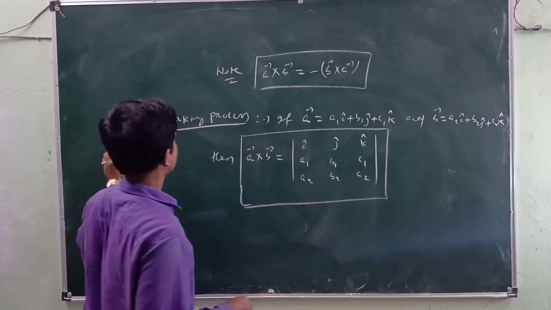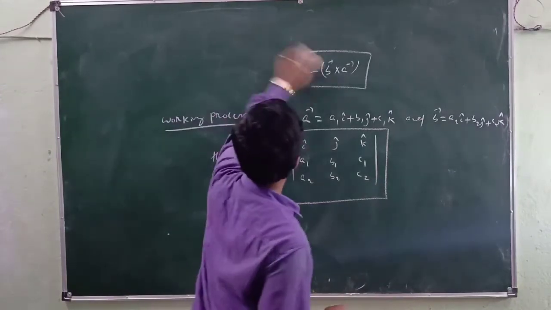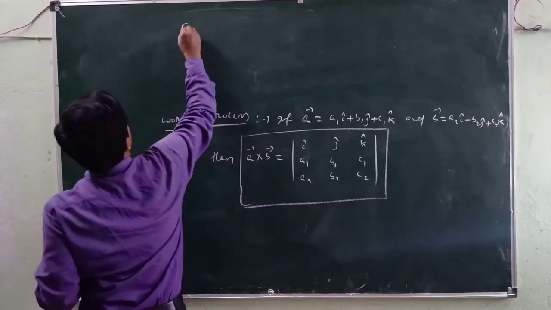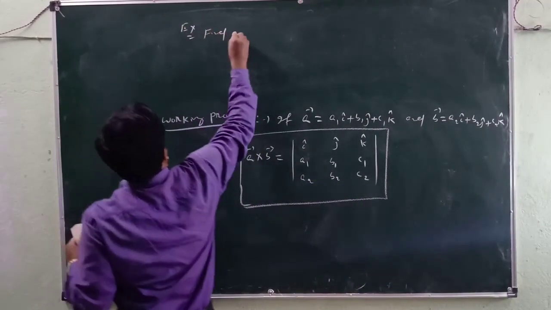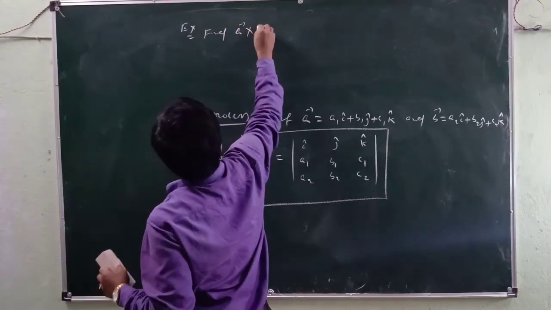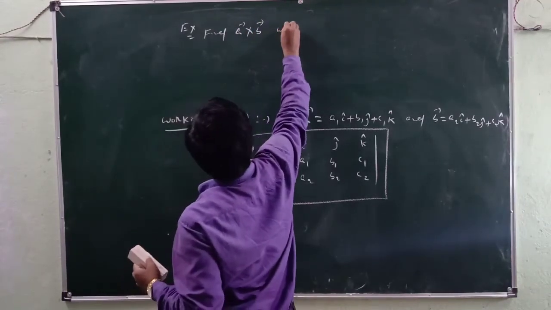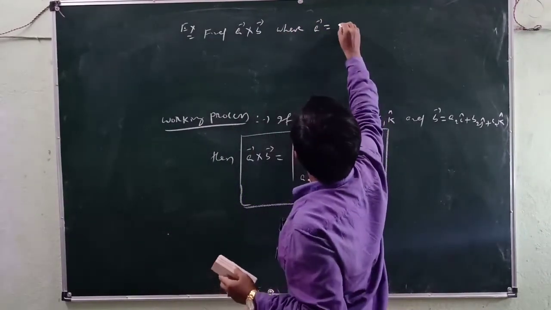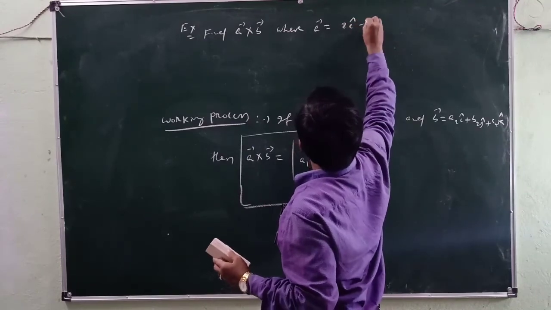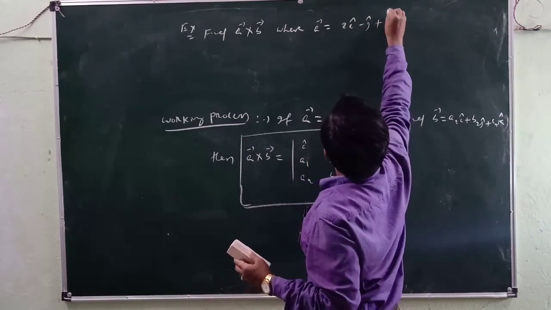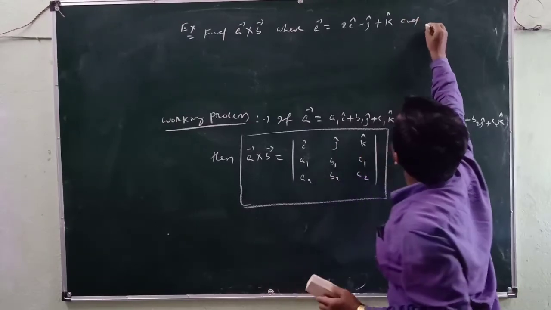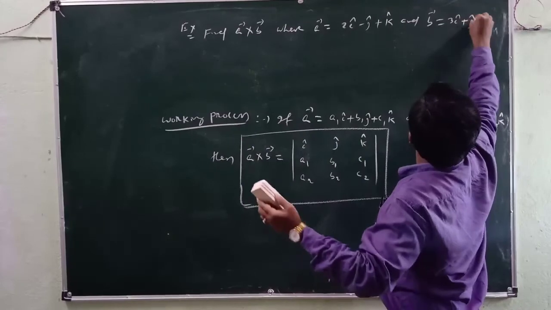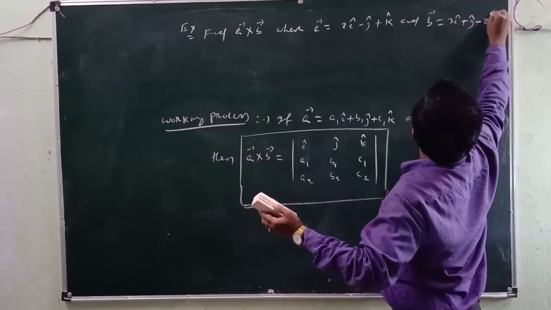Now take an example. Find A cross B, where A vector equals 2i cap minus j cap plus k cap and B vector equals 3i cap plus j cap minus 2k cap.